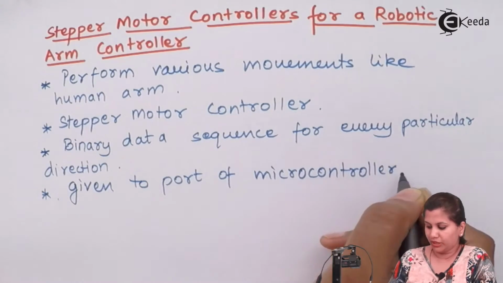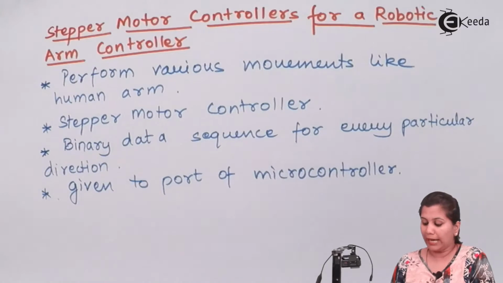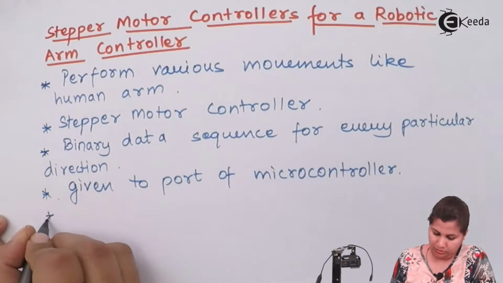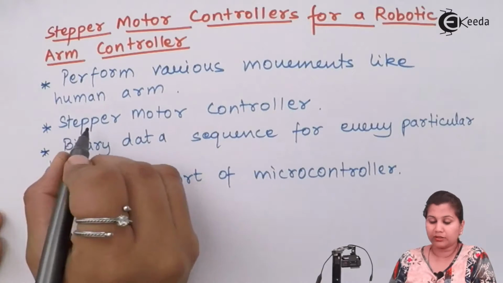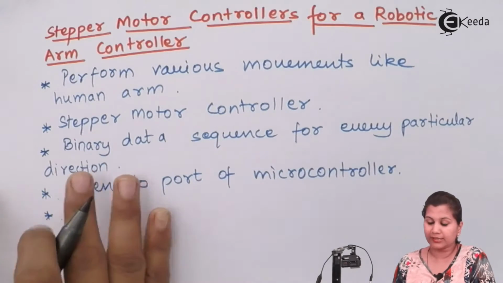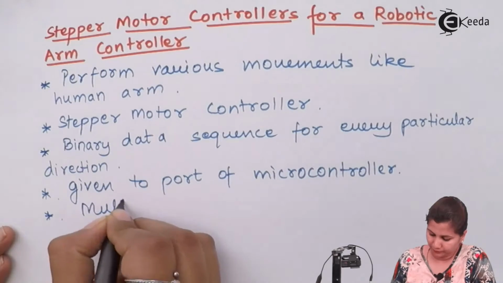So here also the main part is the microcontroller, and in the microcontroller the programs are written for the movement of the arm in different directions. Because the movement is to be done in different directions, this system can also include different stepper motors. Multiple stepper motors can be used for multiple movements.